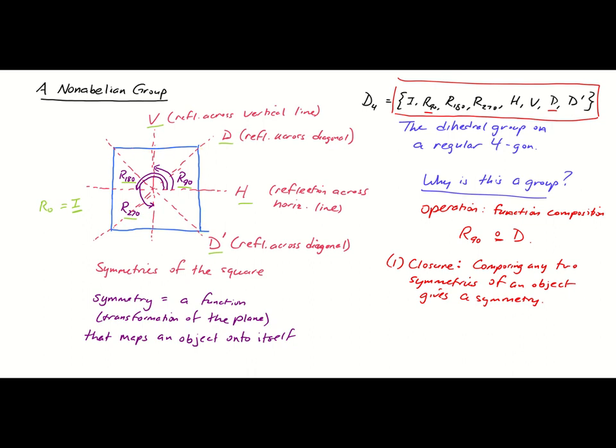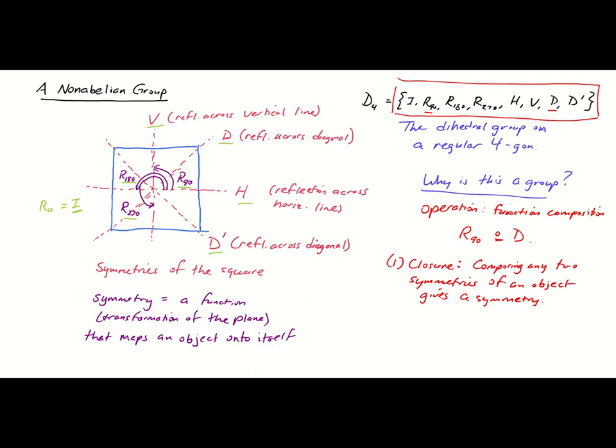So what happens if I compose two symmetries, or compose two such transformations? Well, if I perform the first one, then I've mapped the square onto the square, maybe in a different order, like maybe it's now this way or something. But I've mapped the square onto itself. And then if I apply another symmetry after that, well, then I'm taking that square and I'm mapping it onto the square again. Again, maybe in a different order, but I'm still mapping the square onto itself.